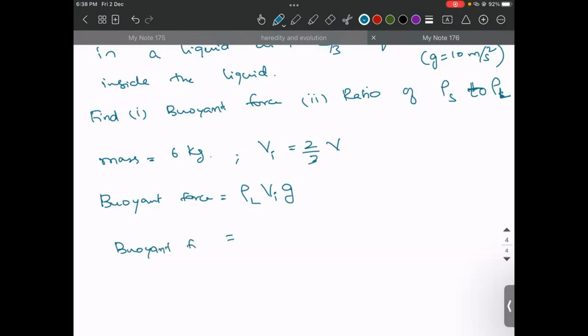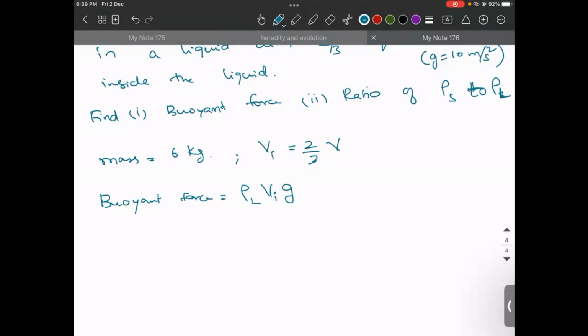See, what is the formula for buoyant force? It is equal to the weight of the liquid displaced. So the weight of the liquid displaced is 4 kilogram. How do you say it is 4 kilogram?